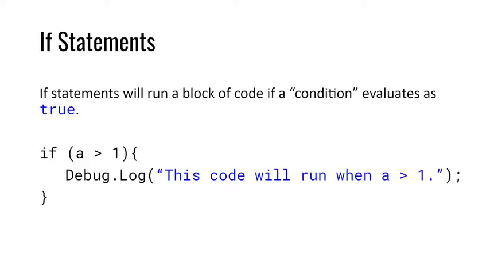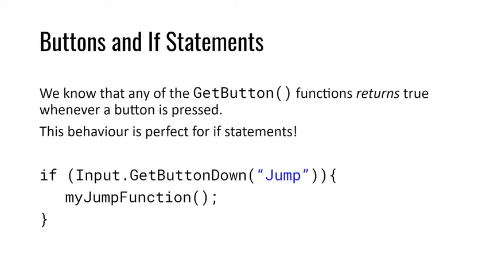Okay. So if you're trying to get the inputs, you would use if input.GetButtonDown, or GetButton or whatever, and then whatever you put inside of the brackets is what you want to do when the button is pressed.